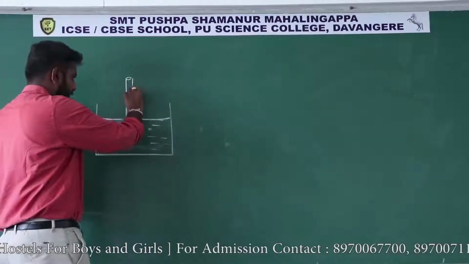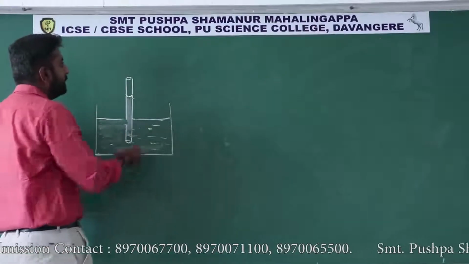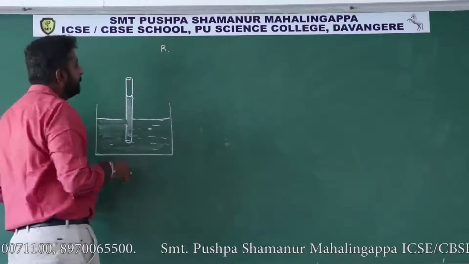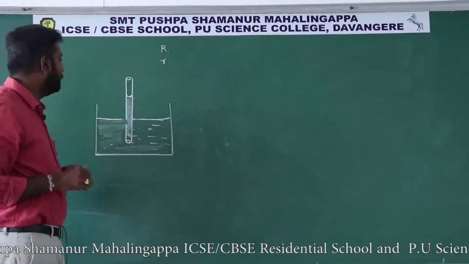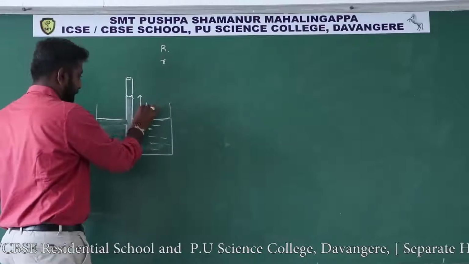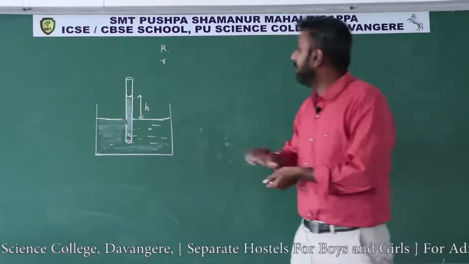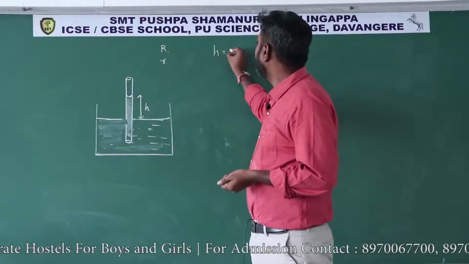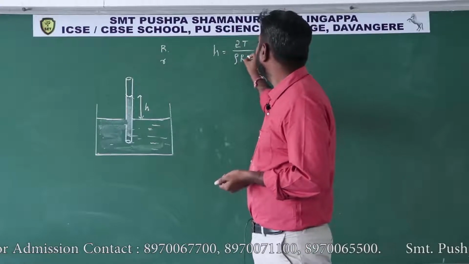For this curved surface, it has some radius of curvature. That radius of curvature we denote with capital R, and small r is the radius of the capillary tube. And we came to know the formula for the height of the liquid column. That height formula H we got as 2T divided by rho R g.